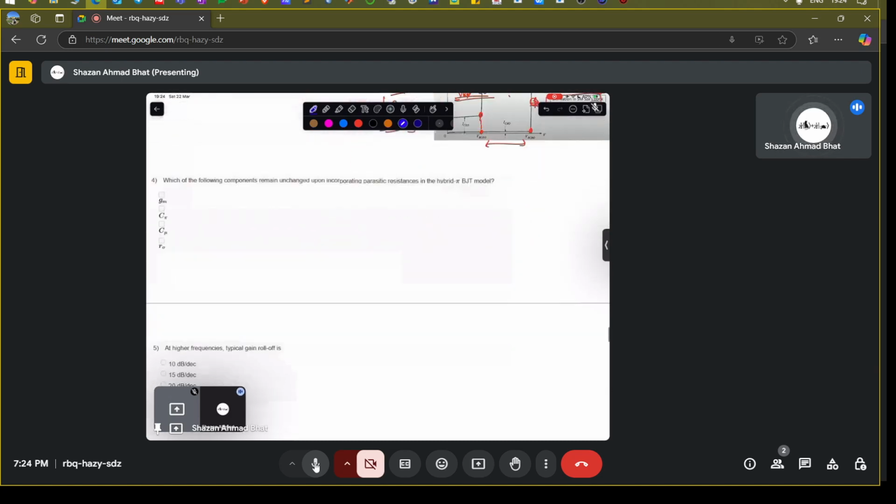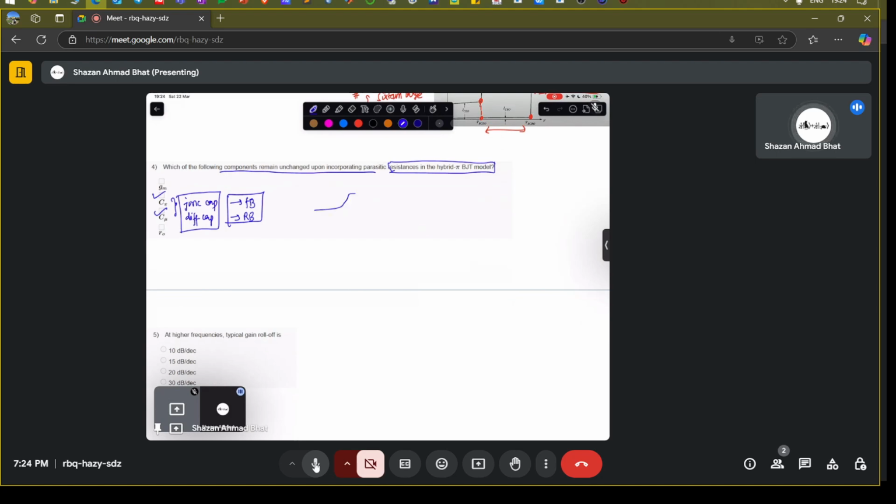All right. Which of the following components remain unchanged incorporating parasitic resistances in the hybrid pi model? We saw that the capacitances remain unchanged because these are related to the junction capacitances and the diffusion capacitances of the BJT. They occur in forward bias and reverse bias configurations. You know that these capacitances occur at these particular junctions because of charge storage and other effects.